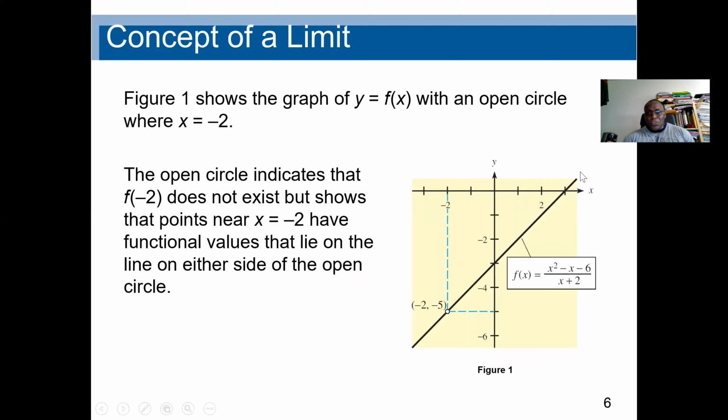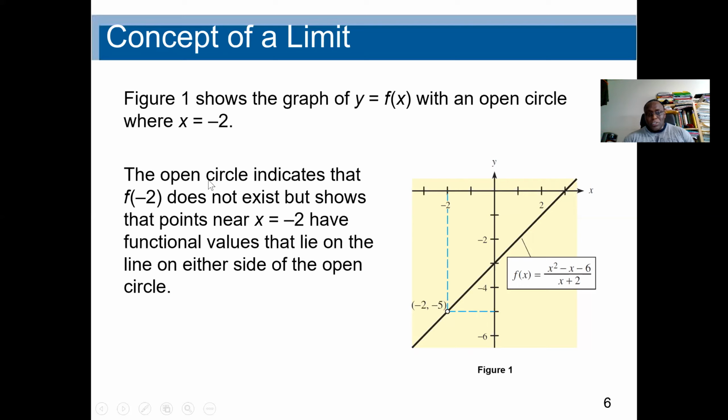So this is the graph of the previous function. We can see that when x is -2, on the graph y is -5. But we can see an open circle. The open circle means again the function does not exist.